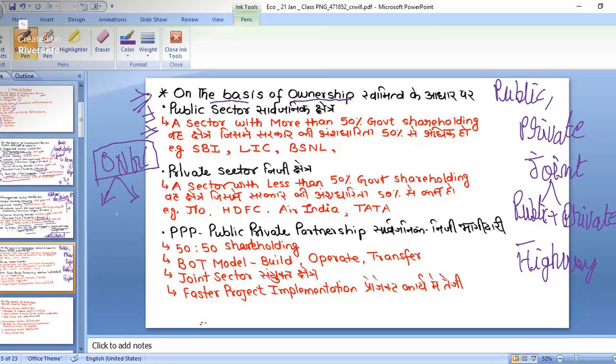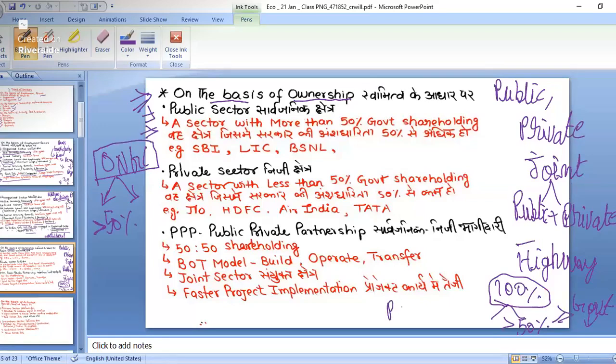If in a company like ONGC the government shareholding is more than 50%, we know that we need to invest in some companies to earn. So out of 100%, if government shareholding is more than 50%, that company will come under the public sector.